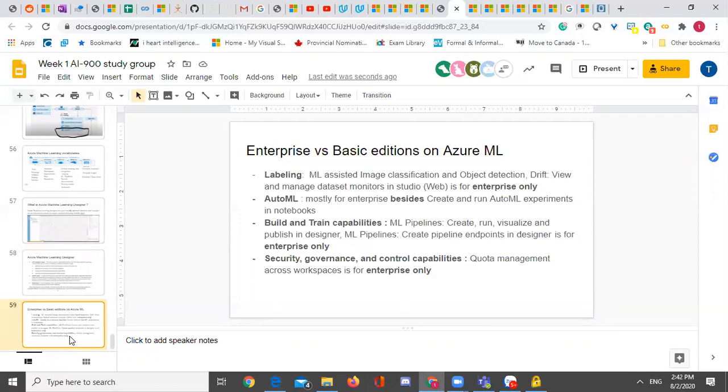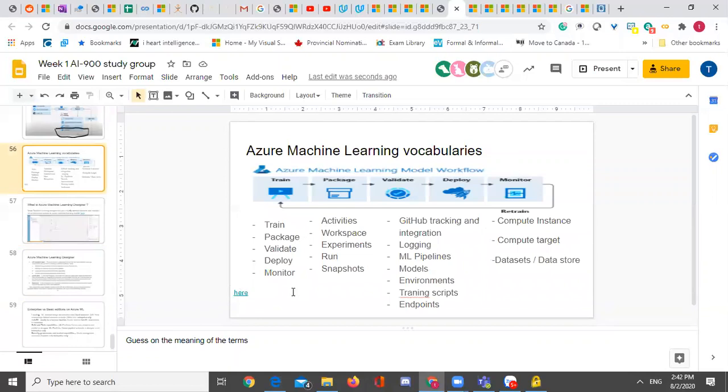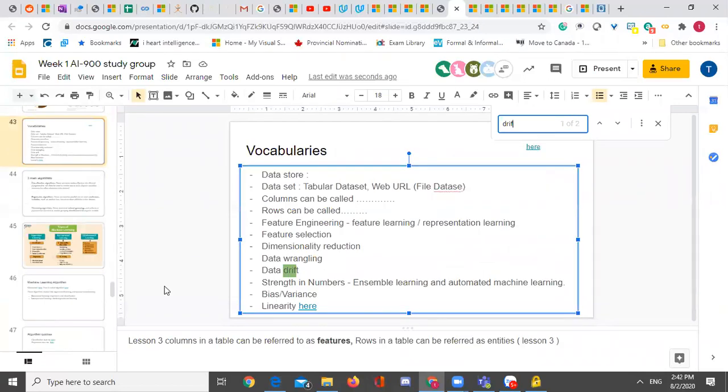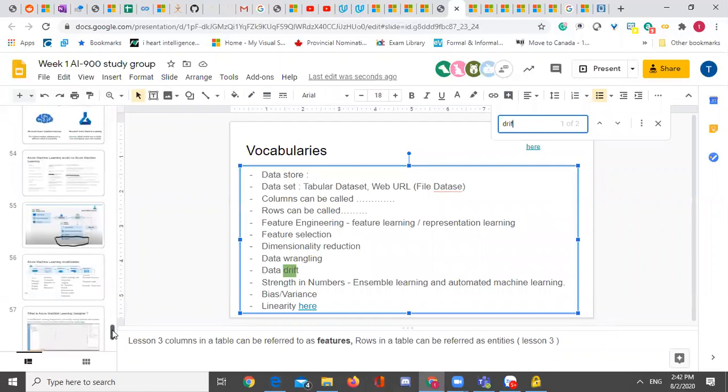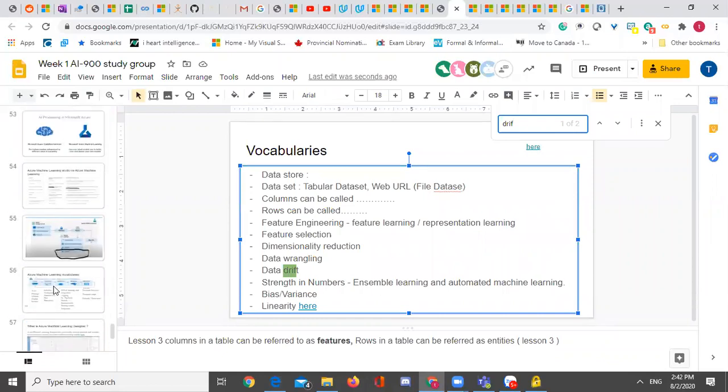For labeling, labeling for image classification and object detection. Drift, which is one of the terms here, if you forgot what drift is, double check on the term. Yes, data drift is one of the vocabularies. If you got it confused, please go check the link provided.